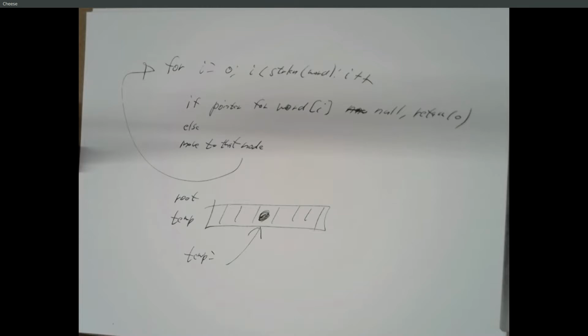So, do you have a particular reason why you chose a for loop for this? No. Okay. I always do for loops. But you could do while word bracket I is not \0. For loop is kind of easy to break out of, so we can limit the size to the string's size. While loop is nice because you don't need the string length, but we will need a flag to break it.